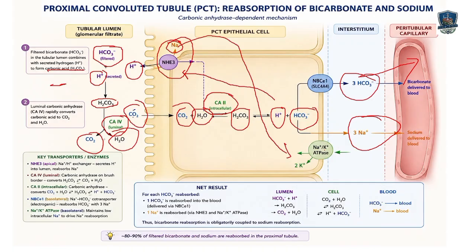The sodium potassium ATPase pump removes 3 sodium ions outside to the blood in exchange for 2 potassium ions. So it promotes the reabsorption of sodium into the blood by taking 3 sodium to the blood and 2 potassium ions into the epithelial cell. So that's how we have the sodium reabsorption and the bicarbonate reabsorption.